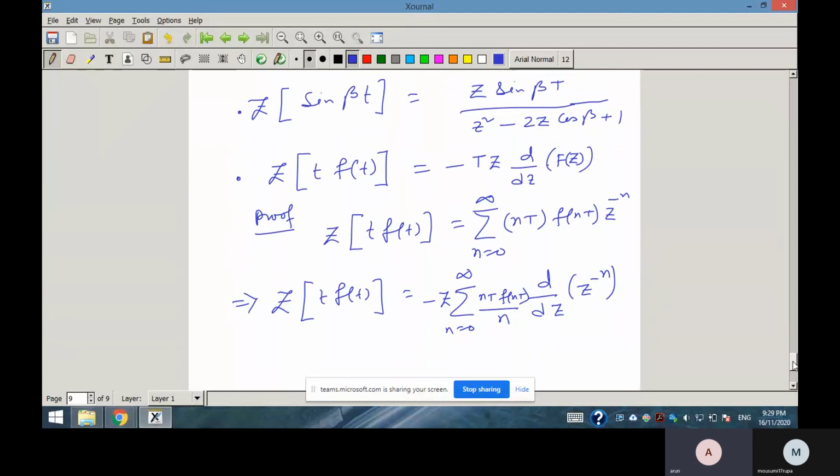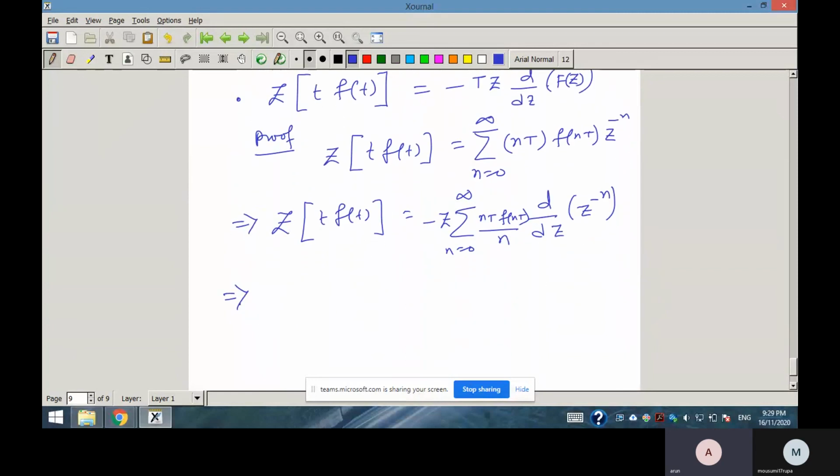And then this equation can be rewritten as Z transform of T f(T). This is equal to minus Tz into summation of n equal to 0 to infinity f of nT into dtz of z to the power minus n.